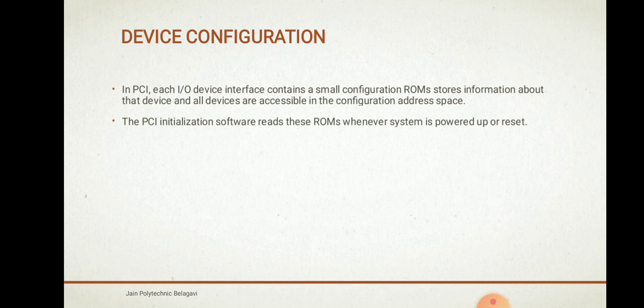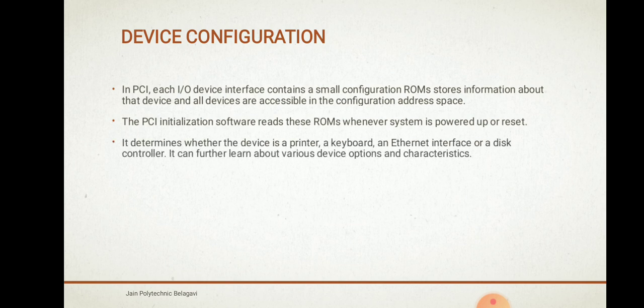The PCI initialization software reads these ROMs whenever the system is powered up or reset. It determines whether the device is a printer, keyboard, Ethernet device or a disk controller. It can also identify which devices it is going to make a data transfer with.